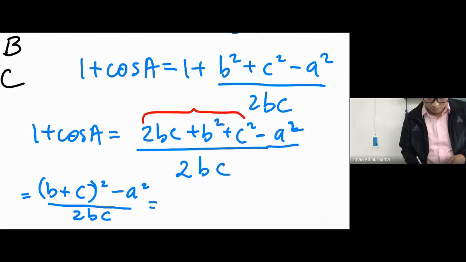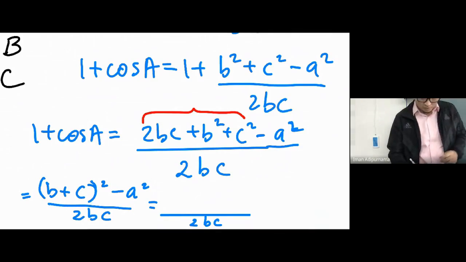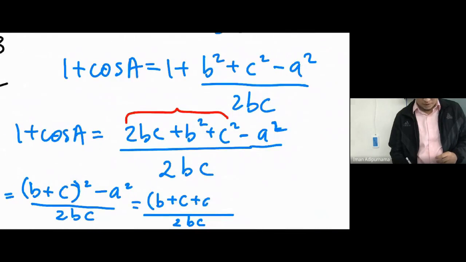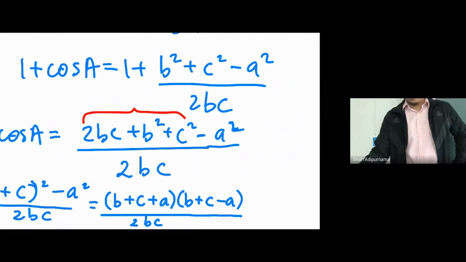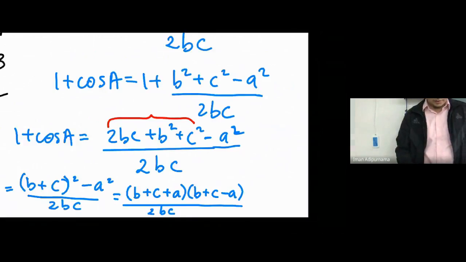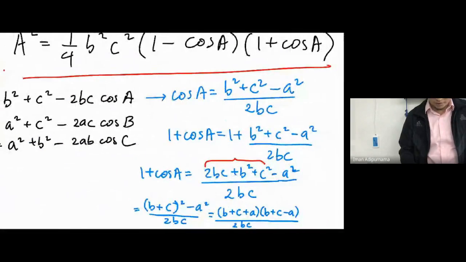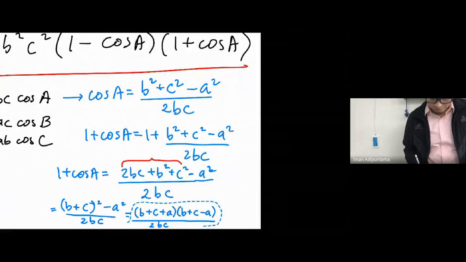So it will be b plus c plus a, and then b plus c minus a, over 2bc. This is 1 plus cos A.